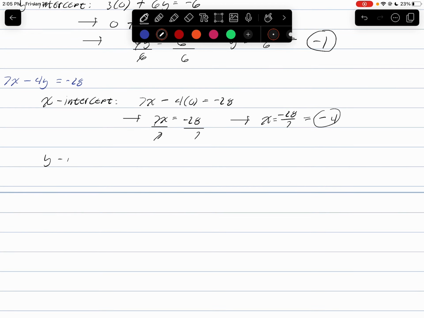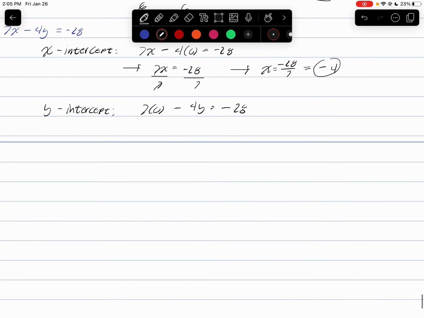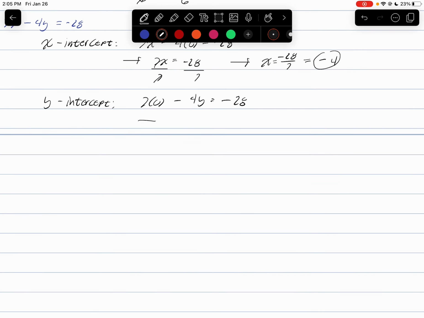For our y-intercept, we're going to set x equal to 0. So we'll have 7 times 0 minus 4y equals negative 28. That's the same thing as just negative 4y is equal to negative 28, because 7 times 0 is just 0.